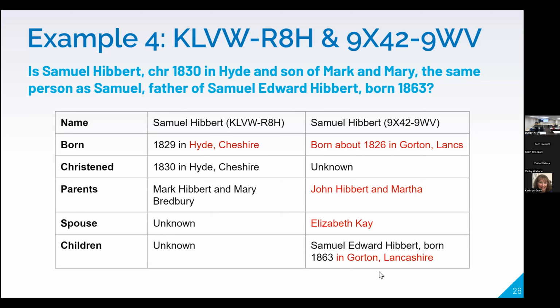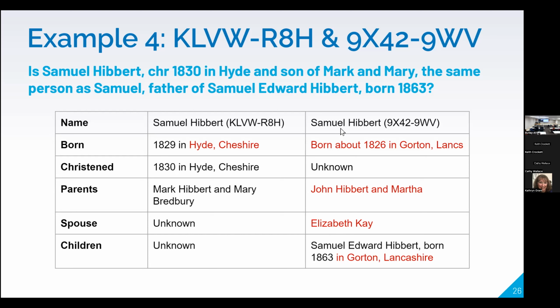However, when I started tracing this guy, I found, first of all, his son in the census. And I knew it was him because it had the exact name, it had the dad, it had the right year. And guess where he was born? Totally different place, Gorton, Lancashire. And as I did more research and traced, this guy, Samuel, appeared with him in the census, not surprisingly.